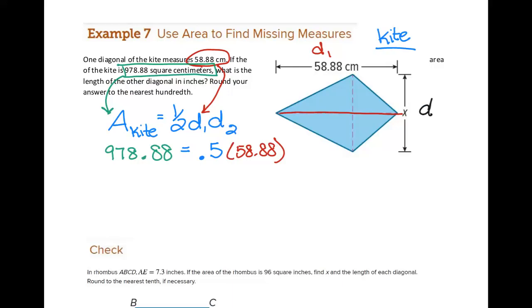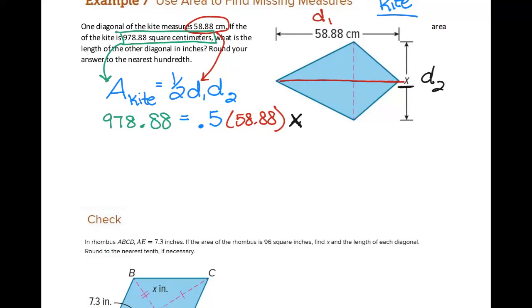Diagonal 2 is what we don't know, so we can put in x, or at least that's what they have here. Now you could leave it as diagonal 2, okay? So before I start to solve this, I am now trying to solve for x. I want to know the length of that diagonal. I have to figure out what is half of 58.88.